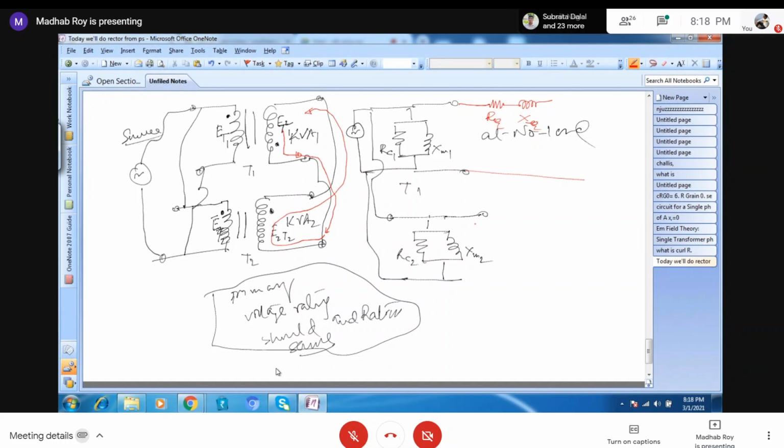Here also in the equivalent circuit, you will have R equivalent and X equivalent. Now we have connected, how have we connected? We have connected in parallel.